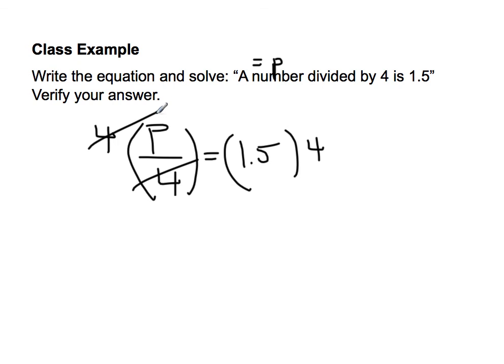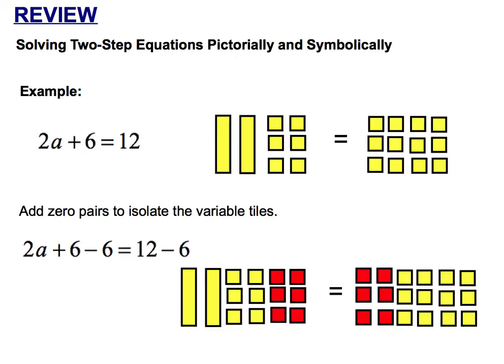This division and that multiplication will cancel each other out, they undo each other, and I get 6. I'm not going to verify this one, but please feel free to verify and make sure your answer is correct. I'm going to stop the video right here, and then we'll go on to solving two-step equations pictorially and symbolically.